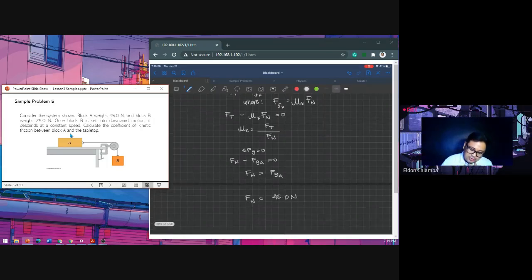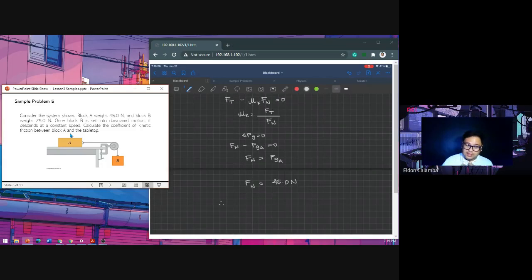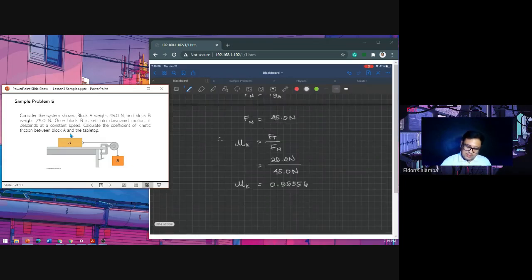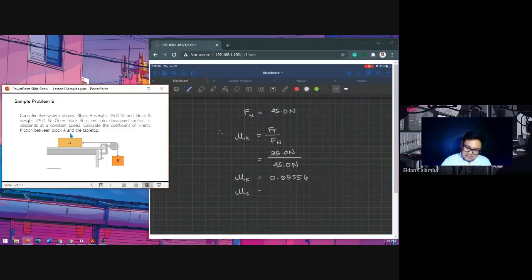Yan. So, you could now solve for mu k. So, mu k now is just equal to FT over Fn, and that is FT 25 newtons over 45 newtons. So, mu k equal to 0.55556 or 3 sig figs, this is 0.556.